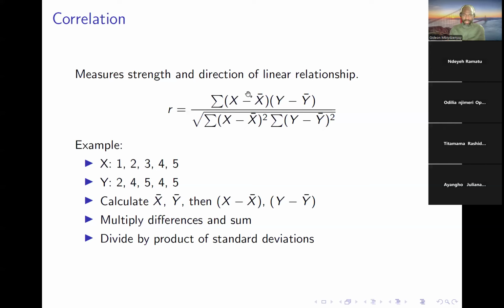So correlations can be calculated by this formula, where you take the difference between every value in one variable and its mean, and then you multiply, and you sum them up. So X1 is, say, mathematics, and you look at the scores of students in mathematics subtracted from the mean. And the second one is, say, history, and you look at the scores of the students in history subtracted from the mean.